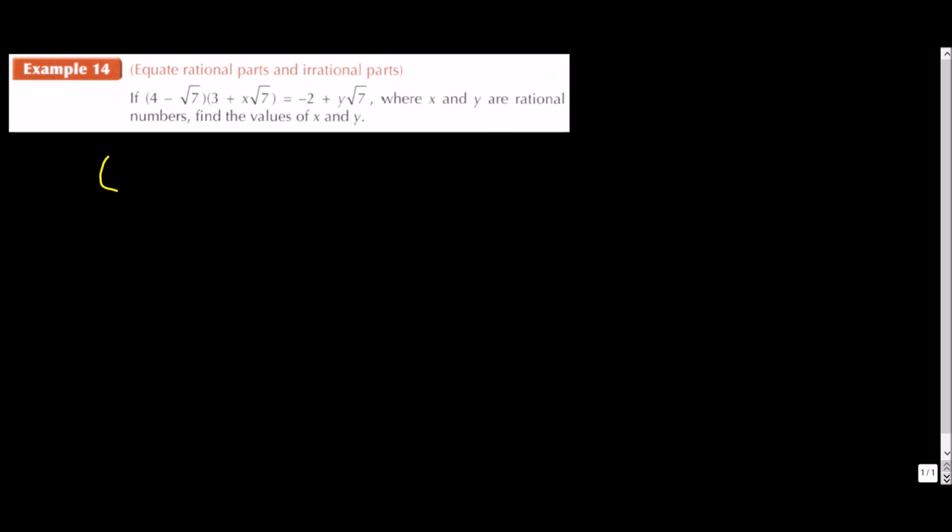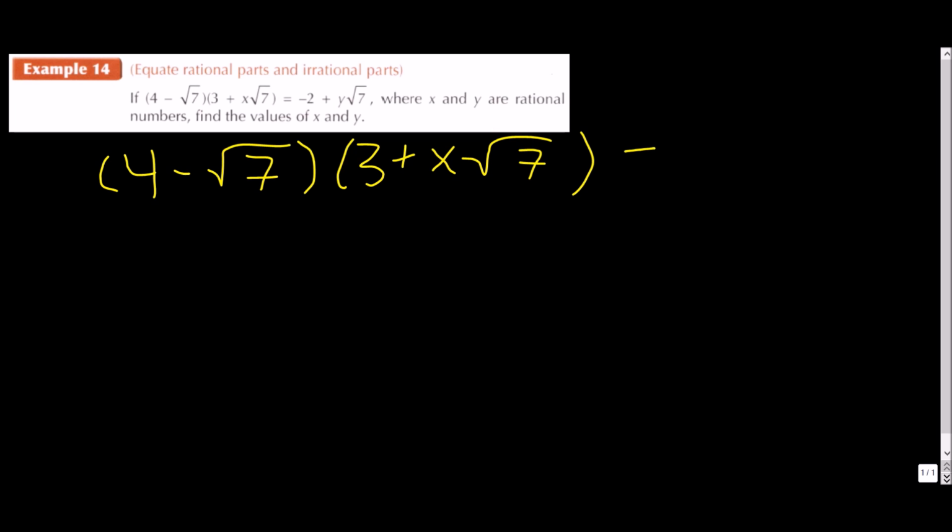So we have 4 minus the square root of 7 times 3 plus x times the square root of 7. And that's supposed to equal, I'm going to write this in different terms, negative 2 plus y times the square root of 7. So our goal is going to be to rewrite the left side to make it look like the right. So I'm going to FOIL this.